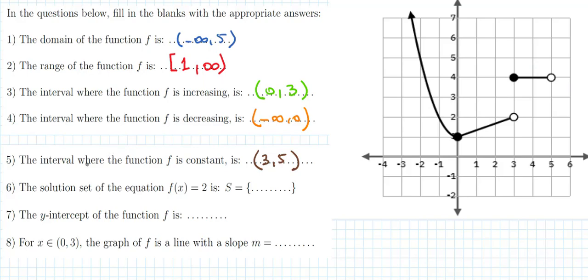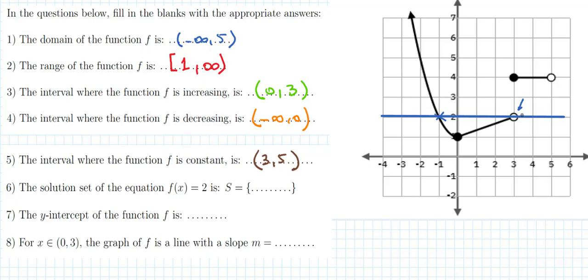Now for the solution set of the equation f of x equals 2, to answer this question properly, we should start by plotting the line with equation y equals 2. Then we study the intersection of this line with the graph of the function. As we see here, the line intersects the graph of the function in 2 points: at the point where x equals minus 1 and at the point where x equals 3.